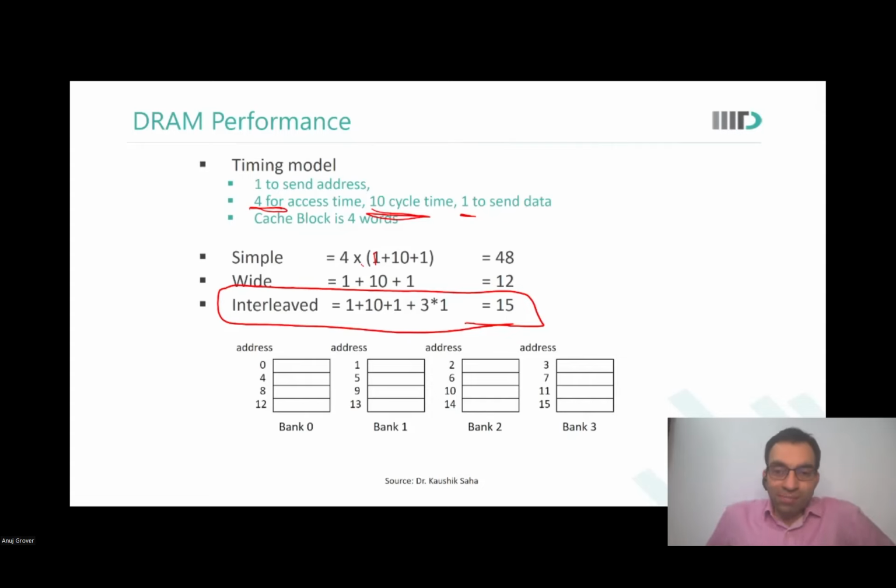Equivalent means similar order, not equal. 12 versus 15, the time has increased by 25%. That is the peak bandwidth that we could talk about, or peak sustained bandwidth that we could talk about.